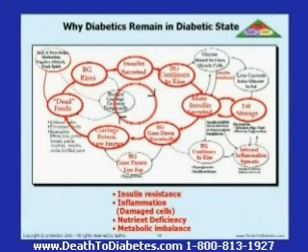And this represents the vicious cycle that the diabetic's body is going through. Every time a diabetic eats food, glucose levels go up, insulin levels go up, blood glucose crashes, and it goes back up. It's a continual vicious cycle. And the body eventually is depleted.